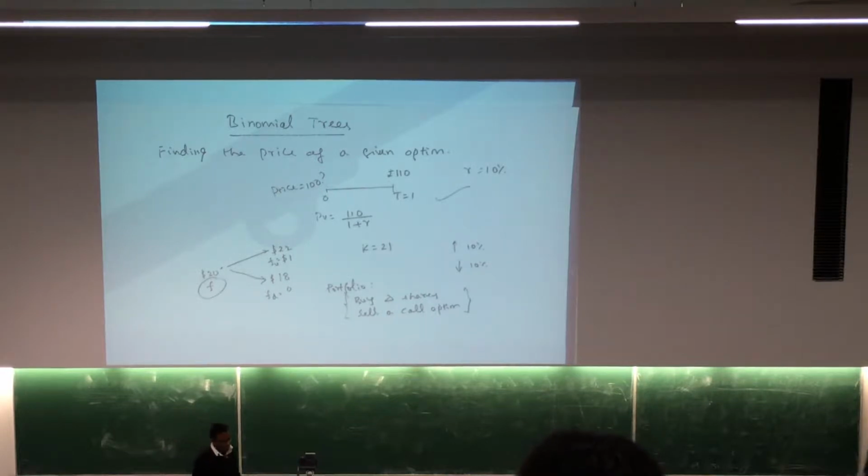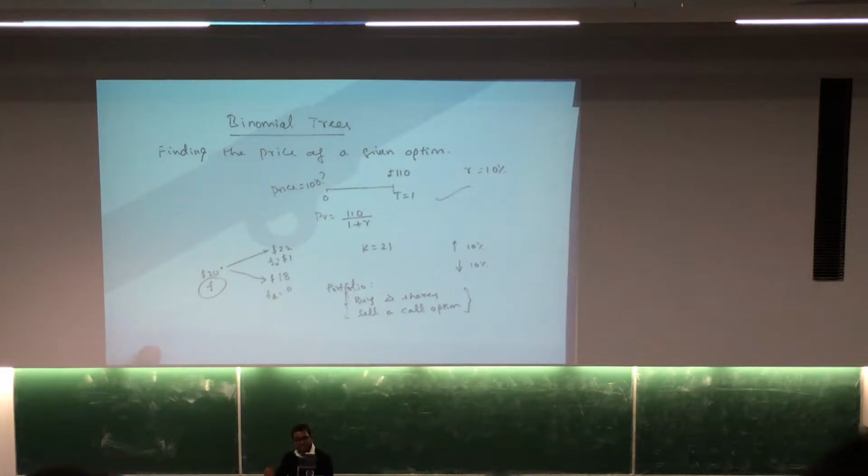The first component is basically buying delta shares. I really do not know the delta value. You will understand in a few minutes why I am interested in that particular delta. My portfolio is nothing but holding a certain number of shares and selling a call option. If this is the case, what is the value of my portfolio?